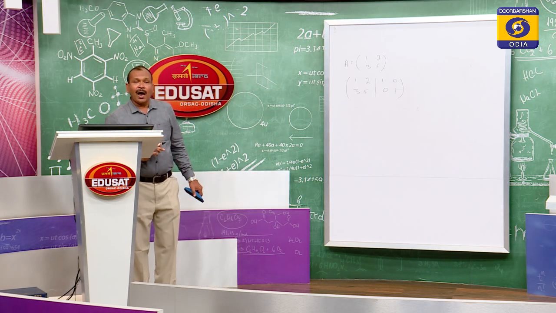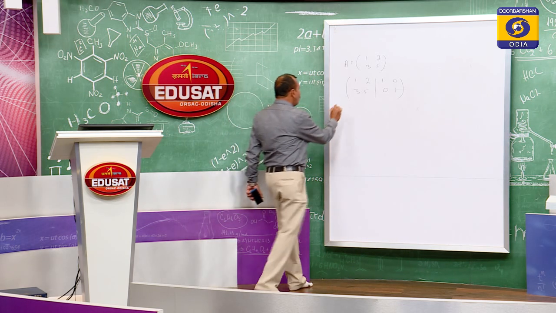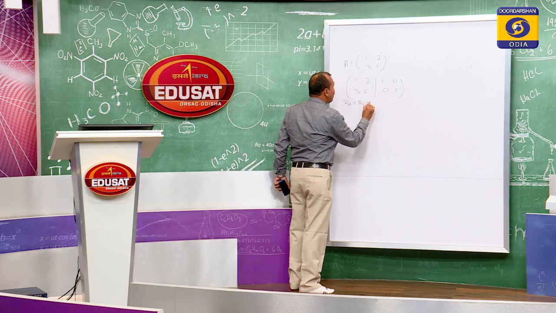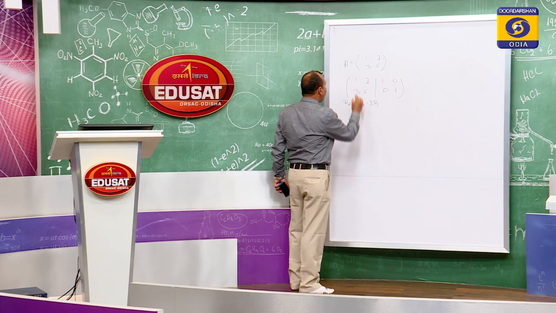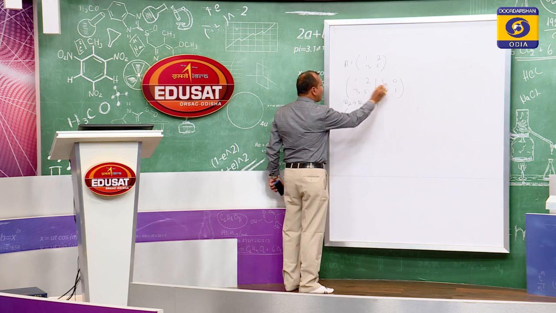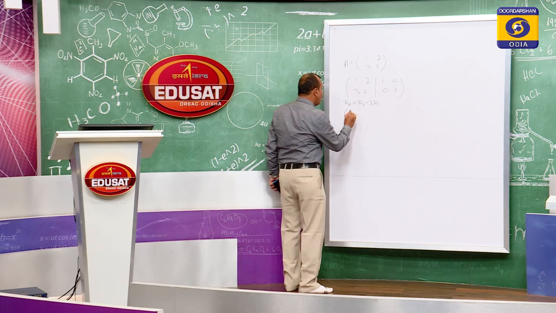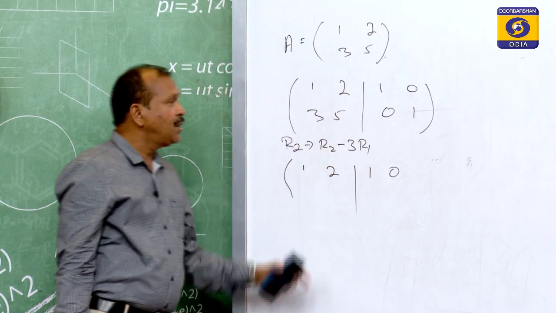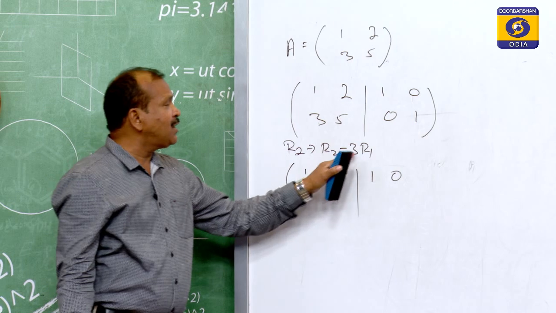Then we apply R2 tends to R2 minus 3 R1. The first row remains unchanged: 1 2 1 0. Row 2 changes to row 2 minus 3 R1.